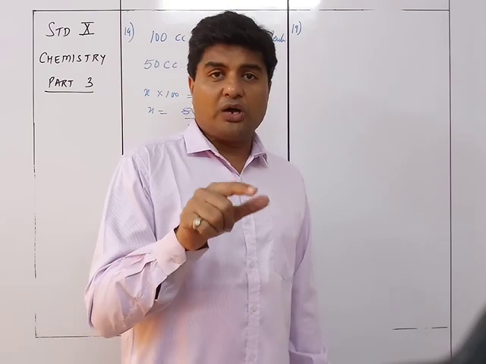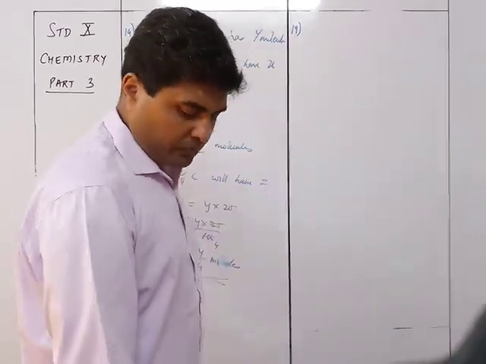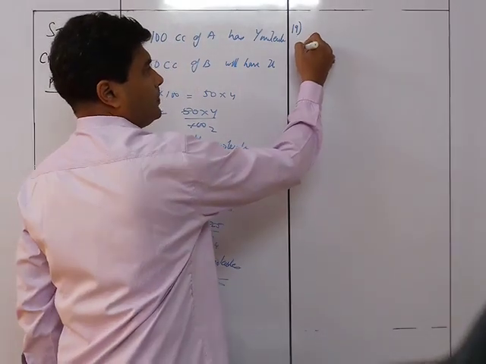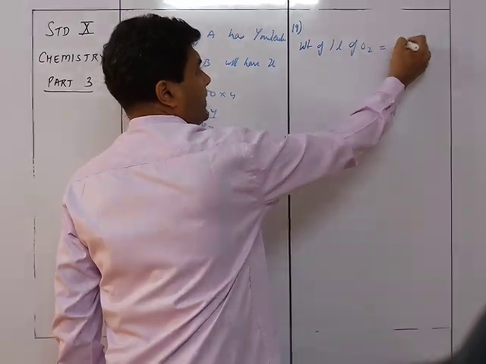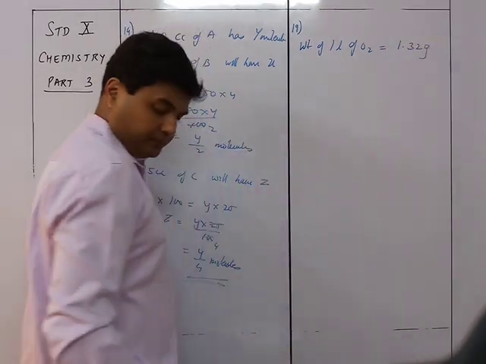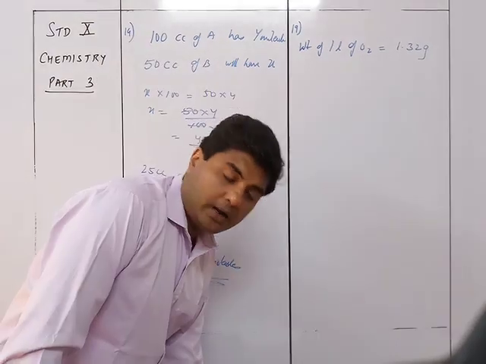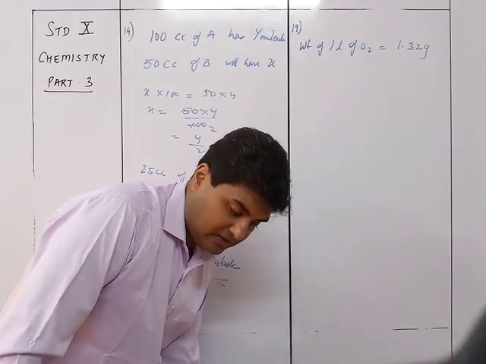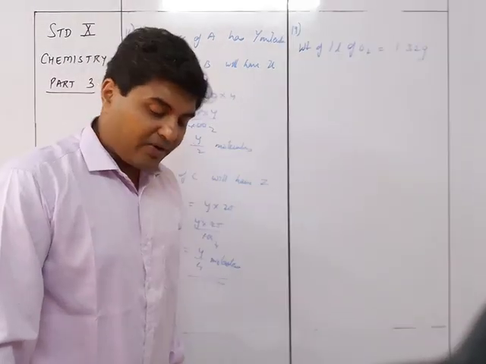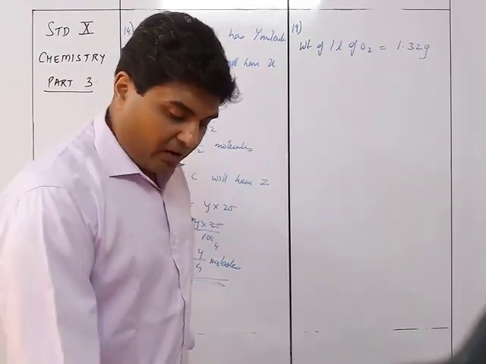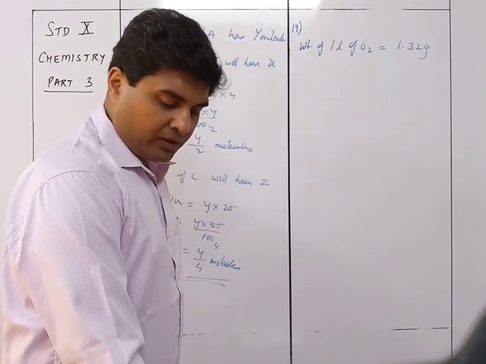So the oxygen which is lost, which is 1 liter, has a mass of 1.32 grams. So the weight of 1 liter of oxygen is 1.32 grams. And accordingly, we also see the weight of 1 liter of hydrogen. They have given that 1 liter of hydrogen under the same temperature and pressure conditions is going to be 0.025 grams.